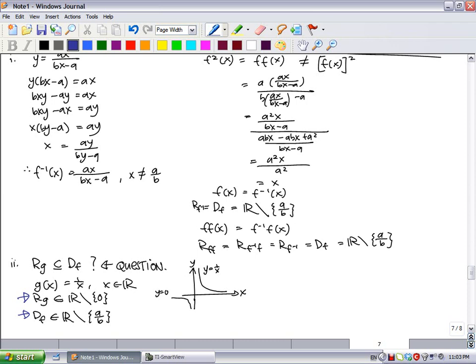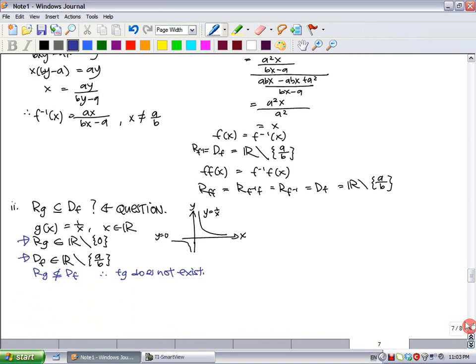The question actually defines f as a and b being non-zero constants, and if a and b are non-zero constants, then a over b can never be equal to 0, which means that the range of g is never going to be a subset of the domain of f. Therefore, fg does not exist, sad as it may be.